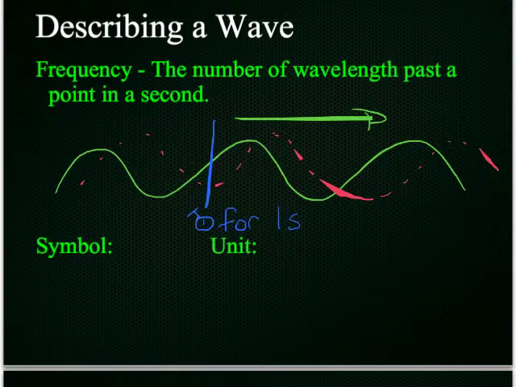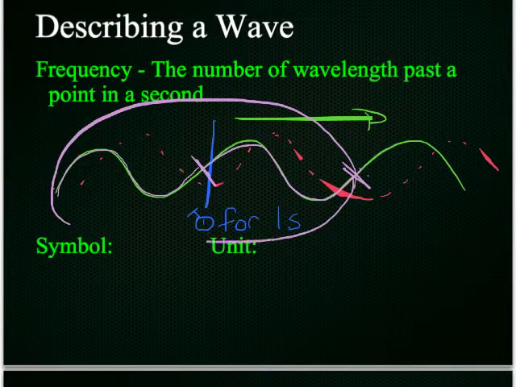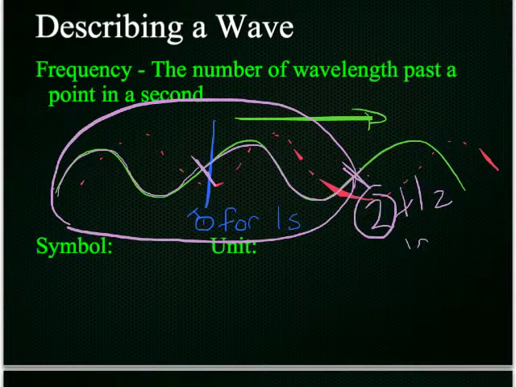A full wave is from middle to middle. That's 1, and then back to there, 2, and so on. So if both of these waves went past in 1 second, then it would have 2 Hertz. Okay, 2 waves in 1 second. So symbol F, unit is Hertz.